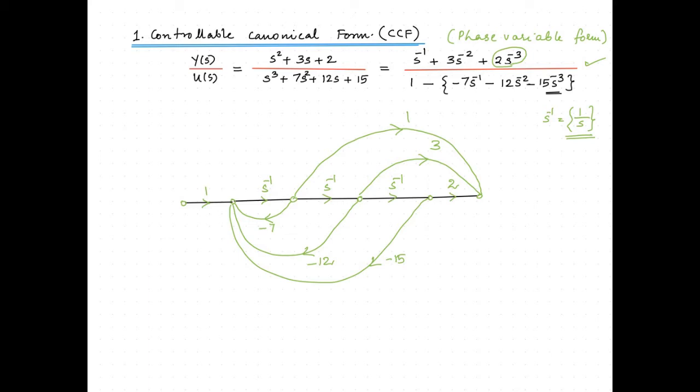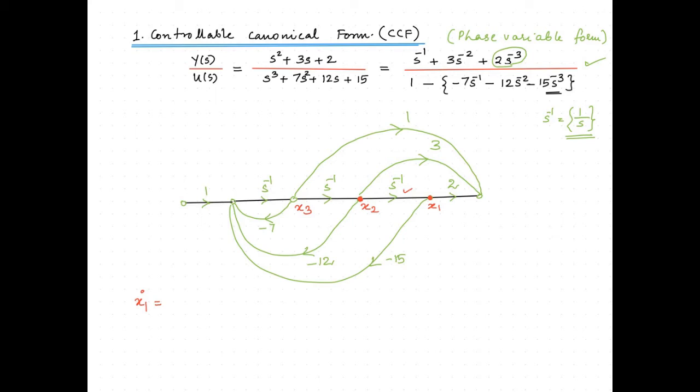Now the idea is, you name the output of each integrator as a state variable, and you start defining the terms. This is an integrator, and this is written as x1, which means x1 dot will be this node.